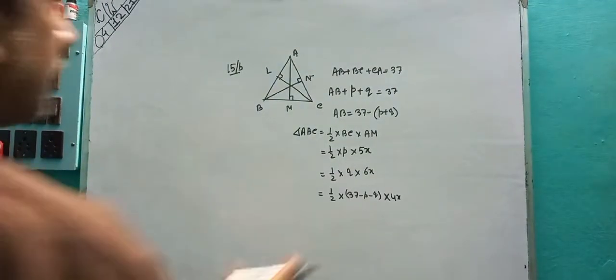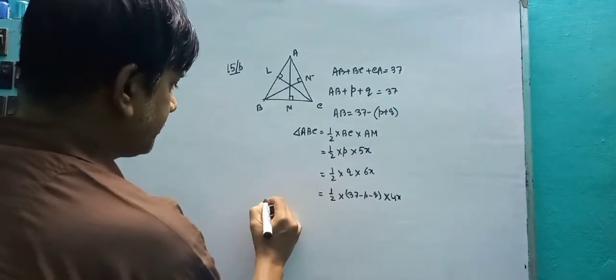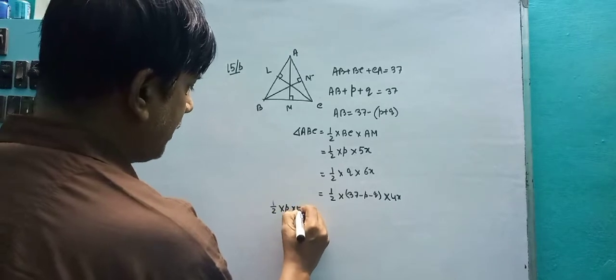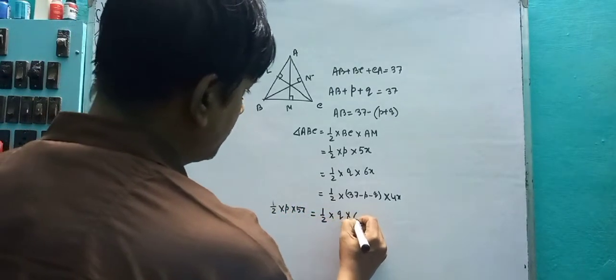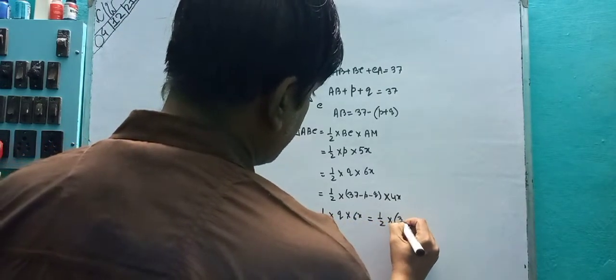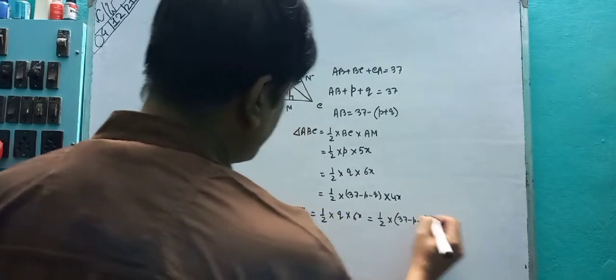Okay. Now see that part. These three are equal. So I can write half P 5x, half Q 6x, half 37 minus P minus Q into 4x.